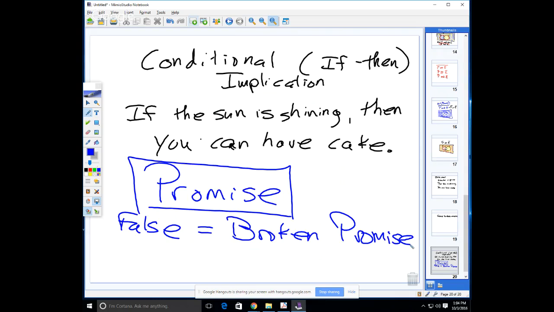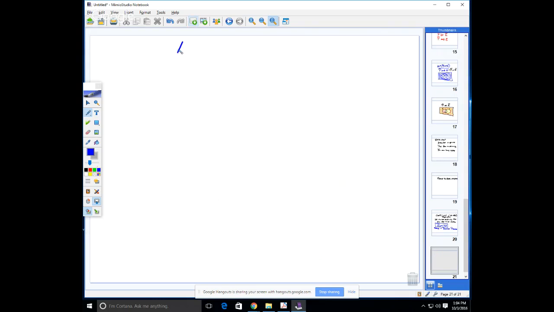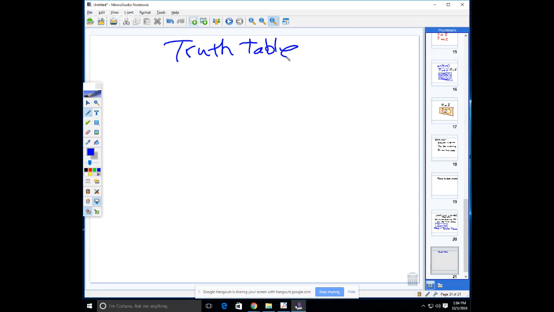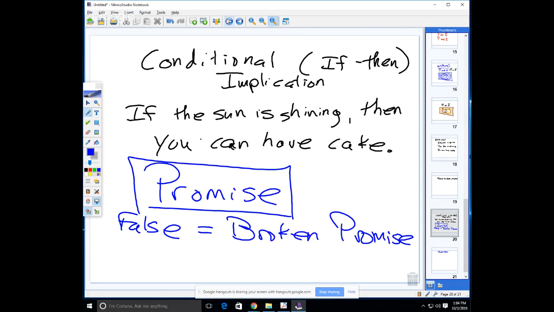So we could use a Venn diagram to play with this. I'm going to show you another tool in logic to play with this called a truth table. So let's see. My first statement I'm going to call S for sun is shining, and the second statement I'll call C for cake.